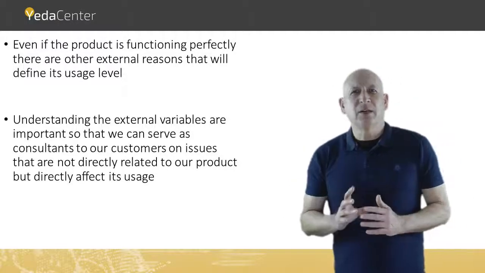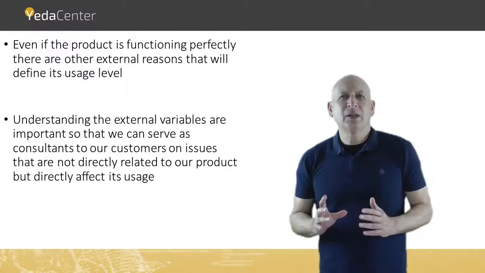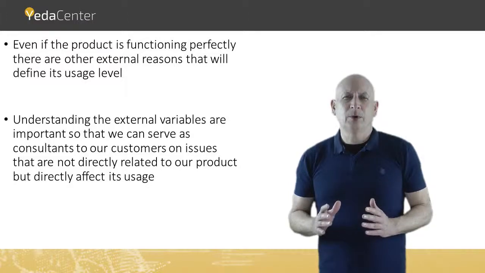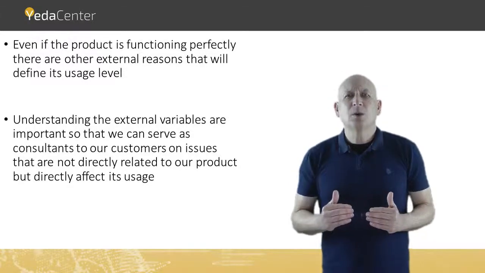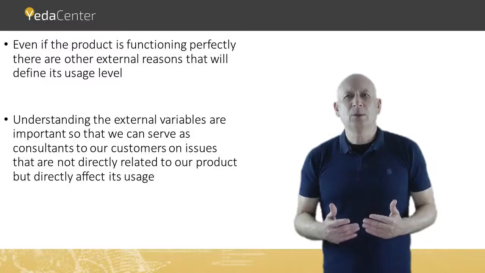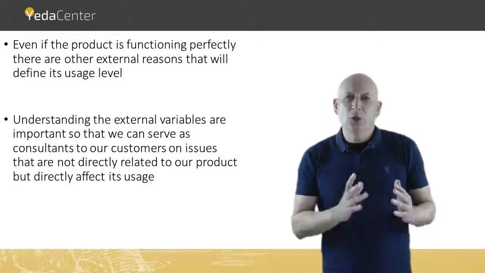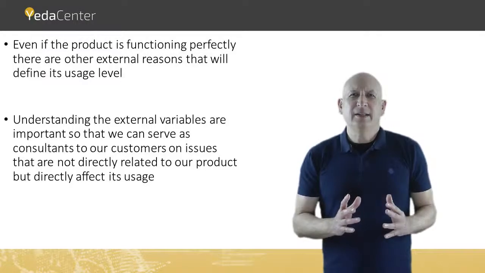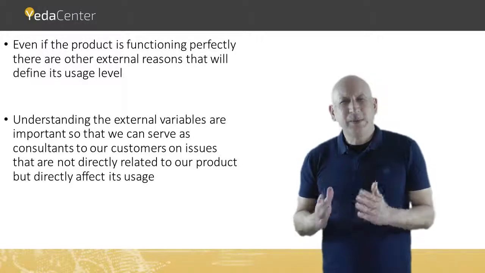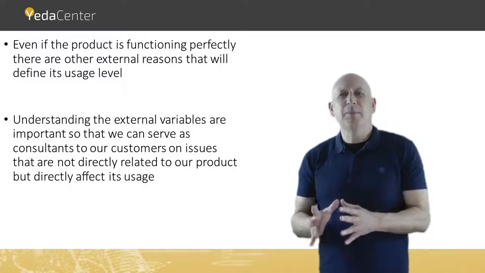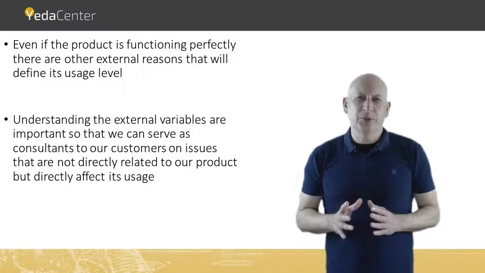And this can result from something which is not related to the product. I call them external reasons, but we have to be aware of them, meaning those are reasons that are not related to our product, but they have a direct impact on the product usage.